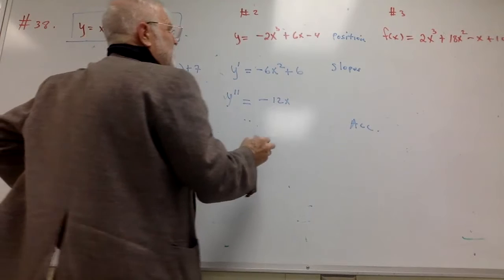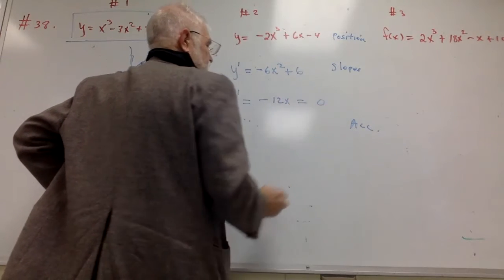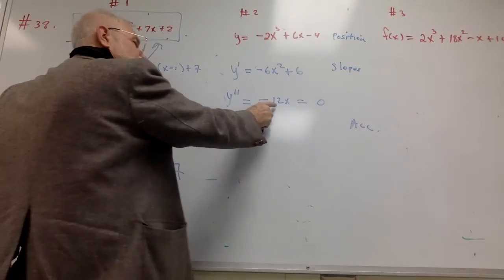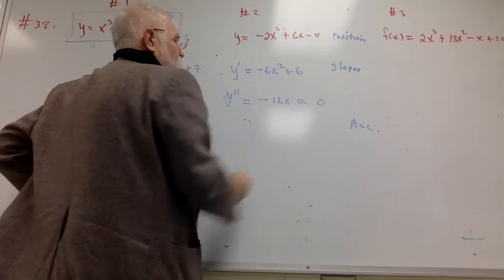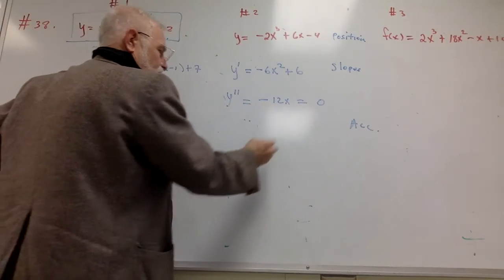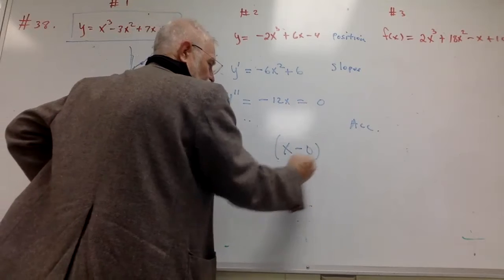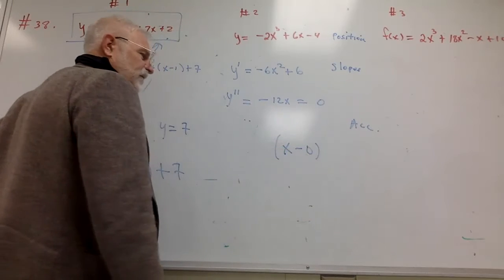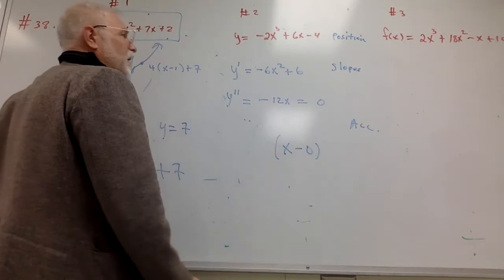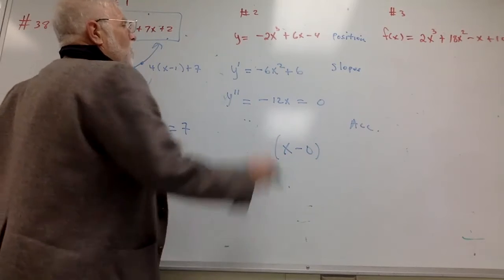It looks like 0 is the most important number here. This function changes signs at 0, right? And it also equals 0. So I now know that x minus 0 is going to be part of my equation. Obviously, I don't need those parentheses and that subtraction, I'll put them there. All right, now where am I?